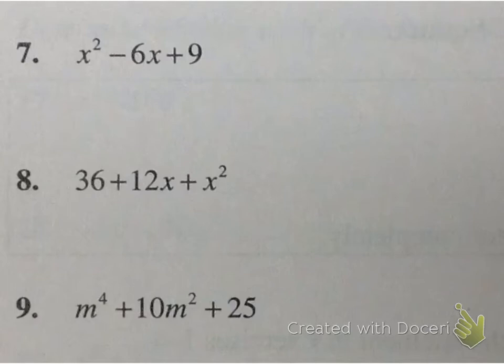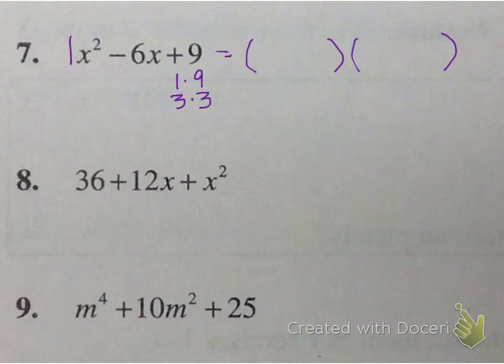So if we look at number 7, I have x squared minus 6x plus 9. I do not have a GCF. I tend to like to do guess and check, especially when I have a coefficient of 1. And I really don't have to do guess and check because I need factors of 9, which are 1 times 9 and 3 times 3.